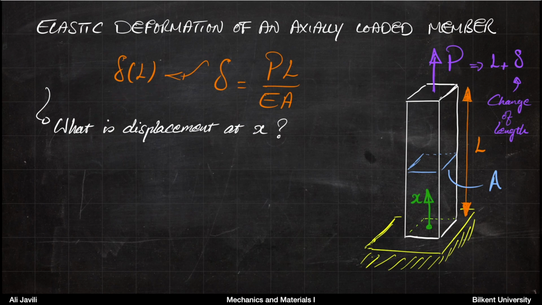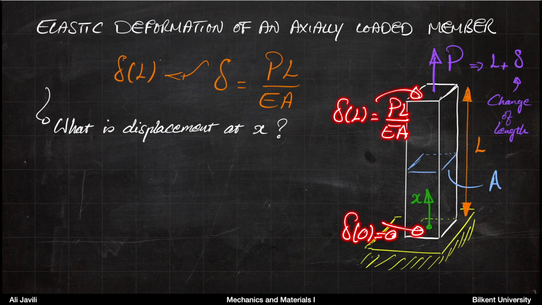Similarly, we can ask ourselves, what's the displacement at a certain height x? We know at the bottom, delta is 0. We know on top, delta is PL over EA. The question is, what is delta at x?